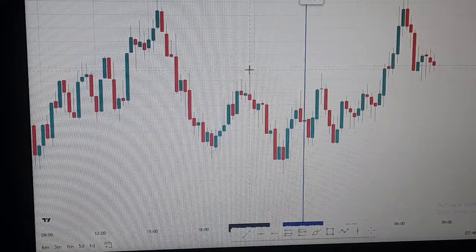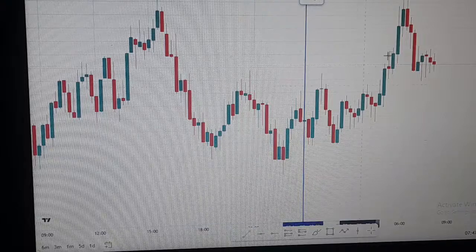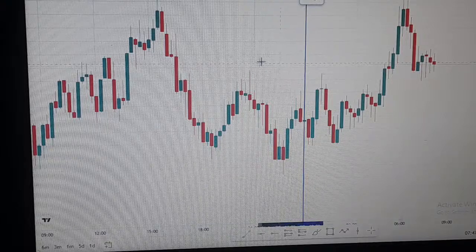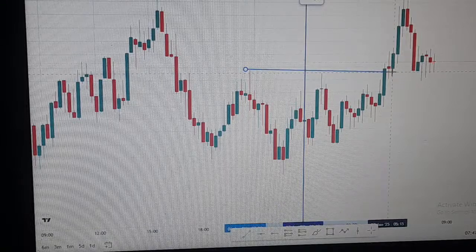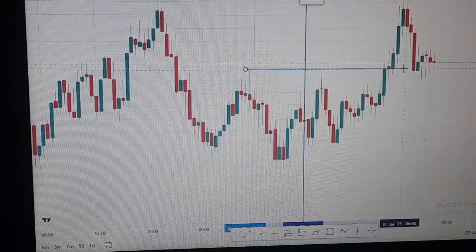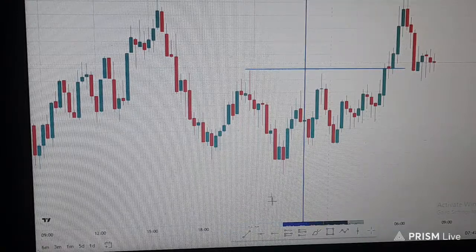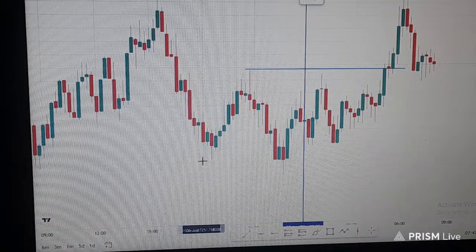Yesterday here we had a high, and then we had here a low. This low was taken yesterday, and then the price took this high here. This high here was taken there, and then this down low here was also taken.